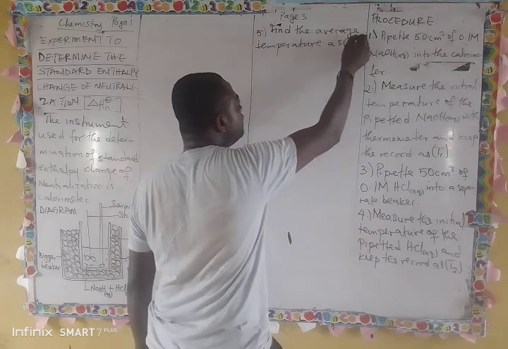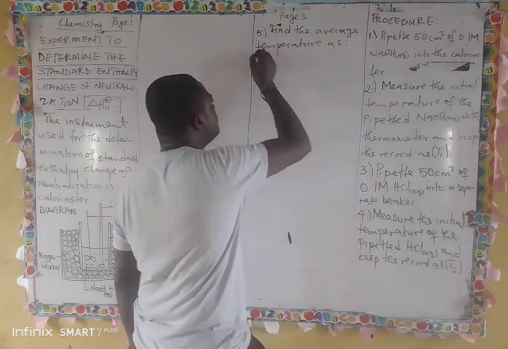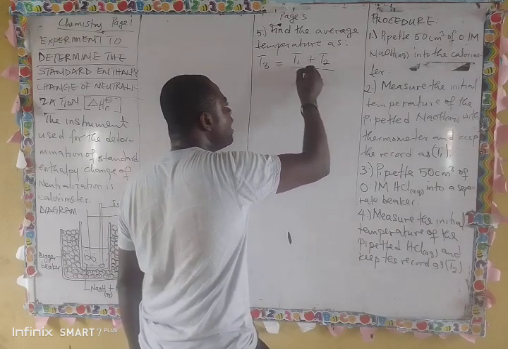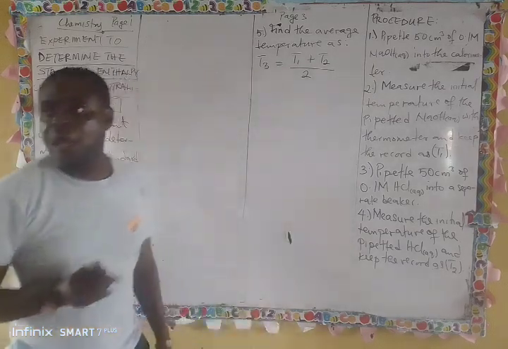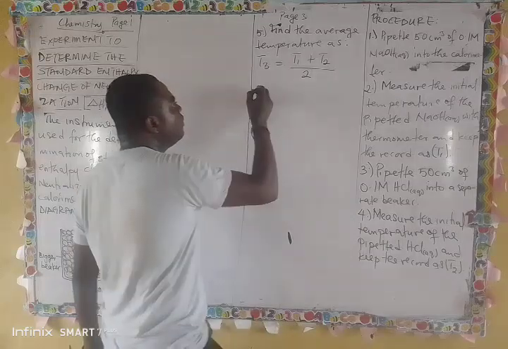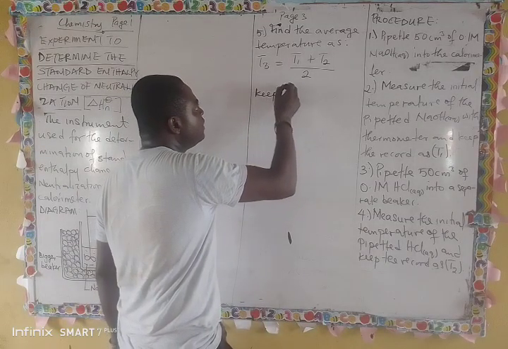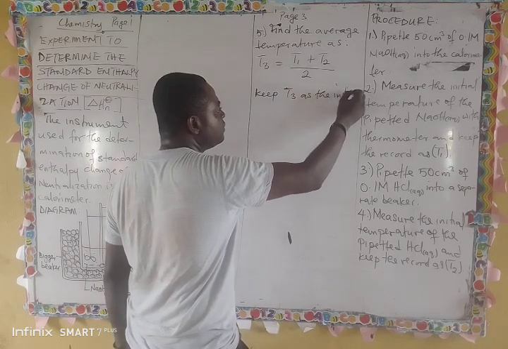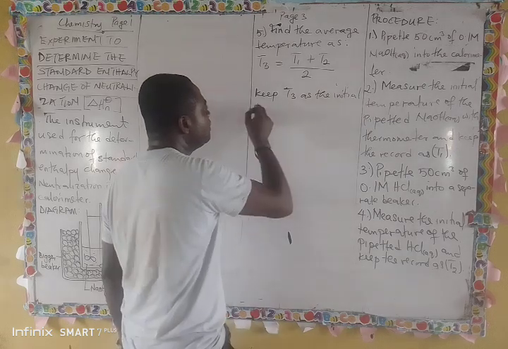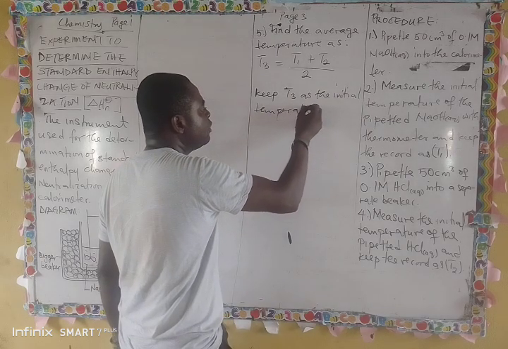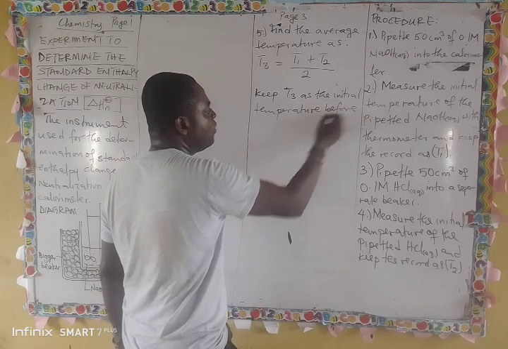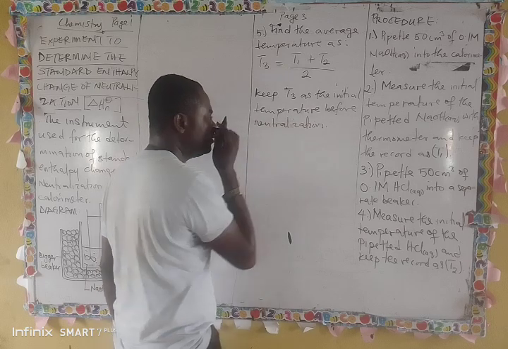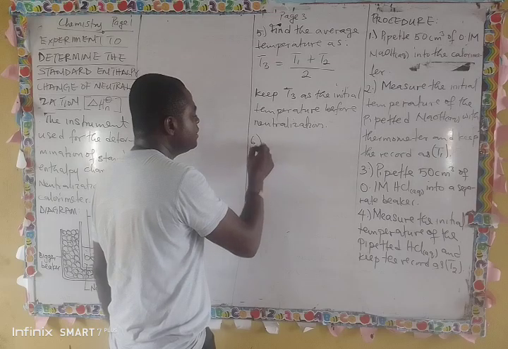T3 is equal to T1 plus T2 over 2. That's the mean. Are we together now? So keep T3 as the initial temperature before neutralization.